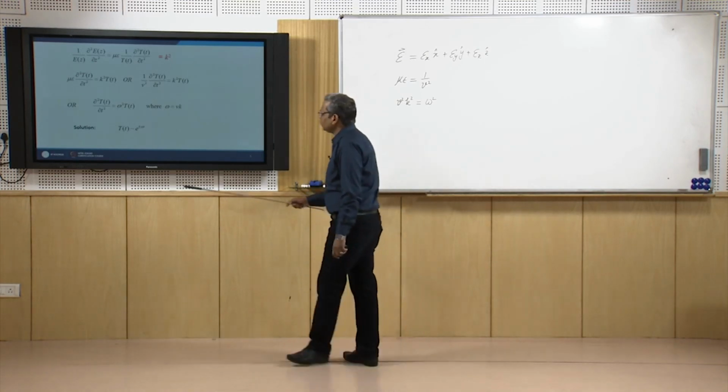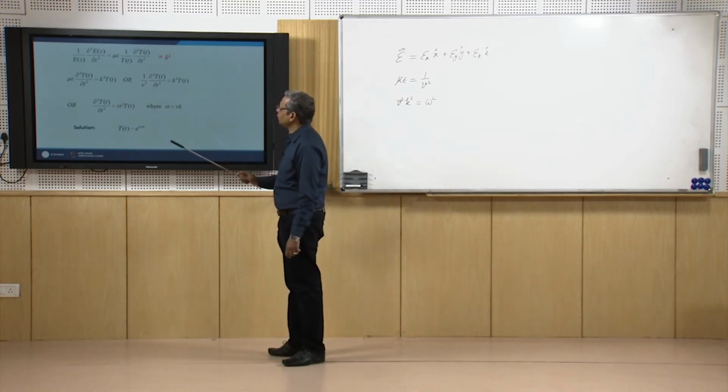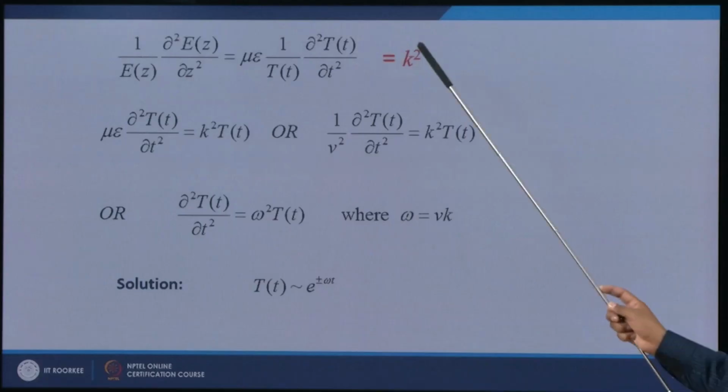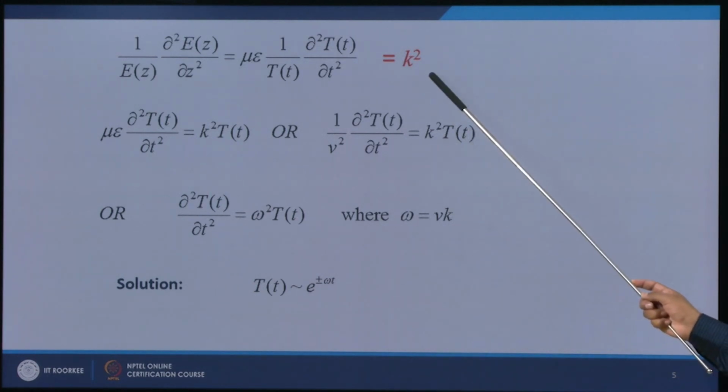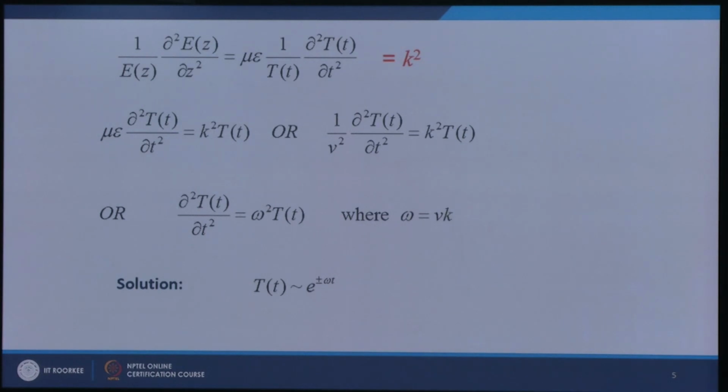And for that I need to have minus ω² here, which means that I should have minus k² here. So, the most natural choice that occurred to me, to take this as plus k², does not give me any physically viable solution. So, I take this as minus k².